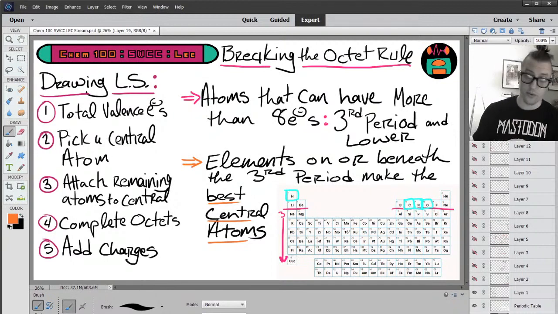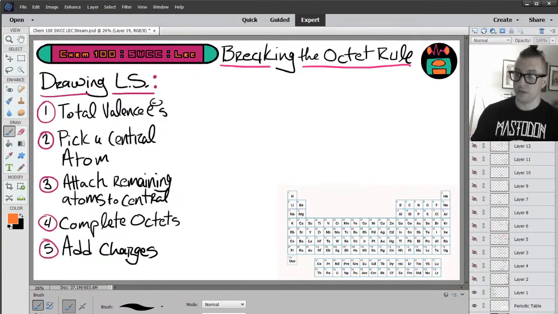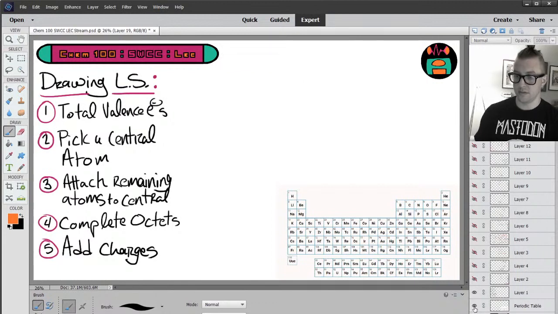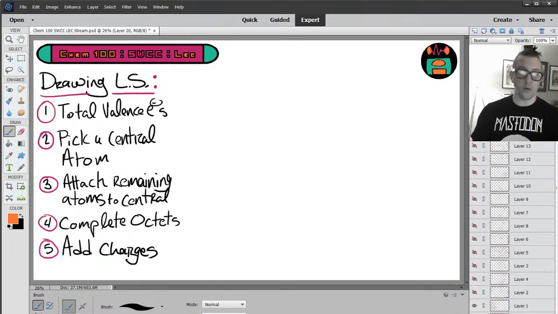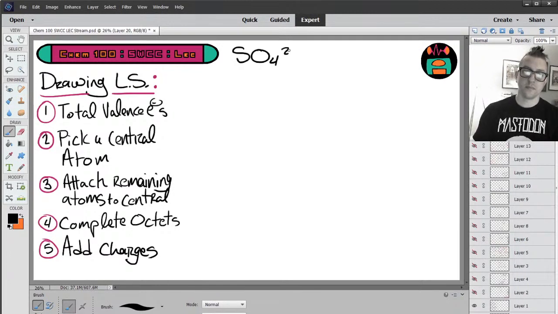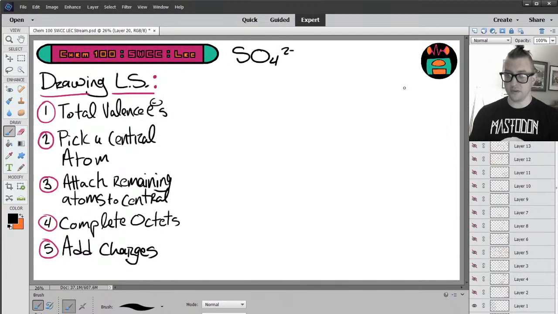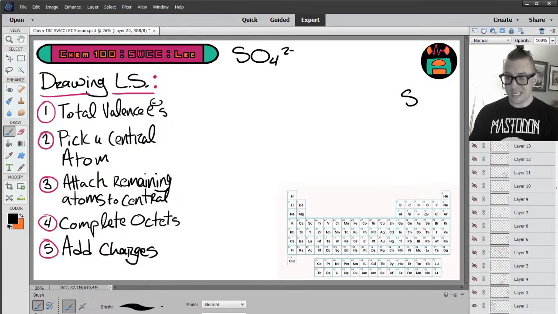And we'll close out with a couple more examples. All right, so let's draw the Lewis structure for sulfate, for example. Well, first we want to total our electron count. Sulfur, if you're unaware, is in the 6th column of the main group, so it'll have 6 valence electrons.